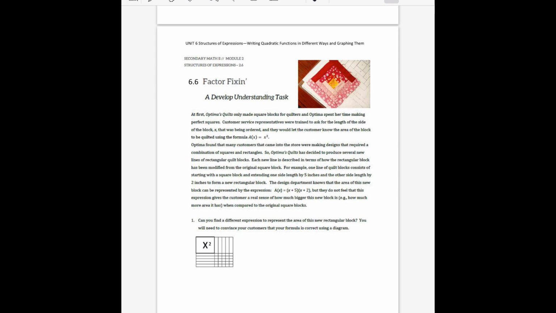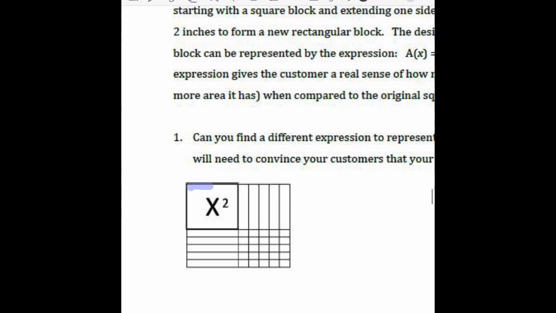Just remember that if you're trying to do x plus 5 times x plus 2, what that would look like is this part's x, and then you've got 1, 2, 3, 4, 5. But on this side, you had to have the x plus 1, 2. So this is the area that you're actually working with.